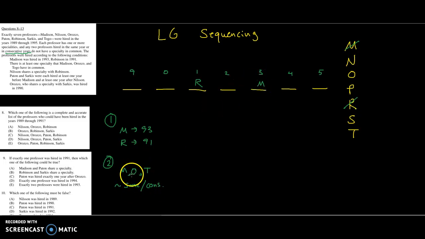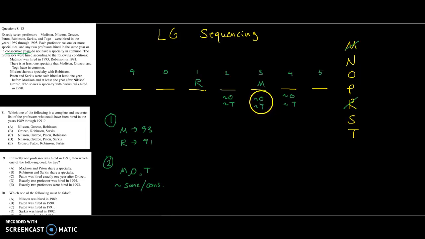Well, we can actually plug some things in here, because we know that if we have M, O, and T, they have to be separated this way. Well, I know M has to be here. So right off the bat, that means O and T can't be in the same space, and they also can't be in the next consecutive space on either side. And if that confuses you for a moment, just pause the video, take a look at this, and resume when you're ready.